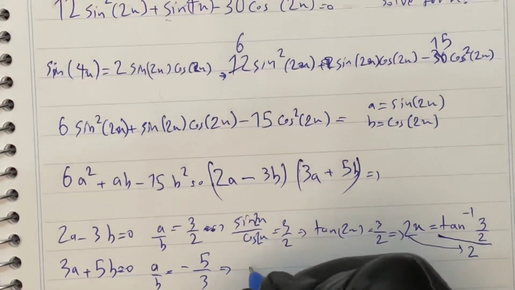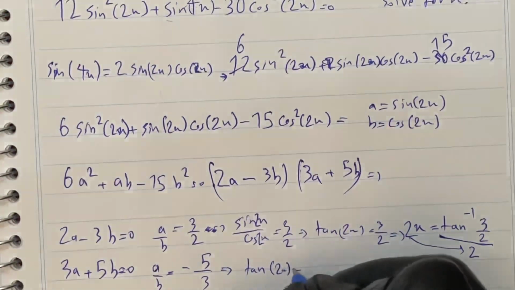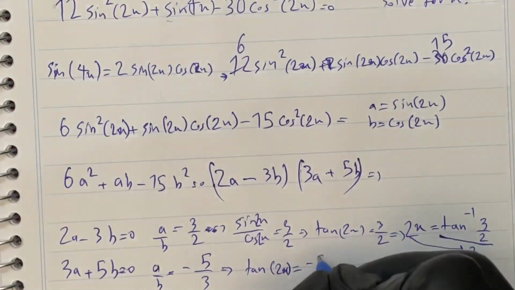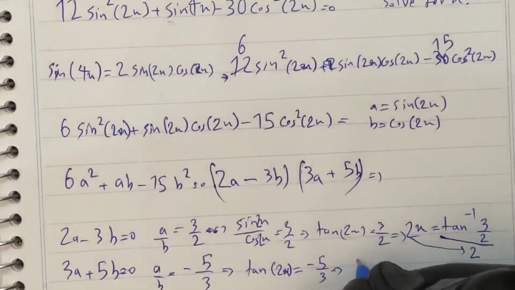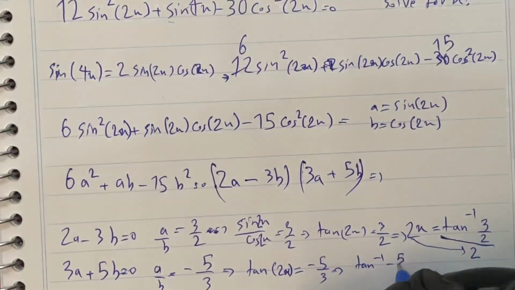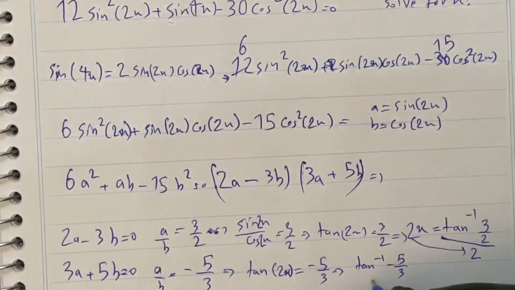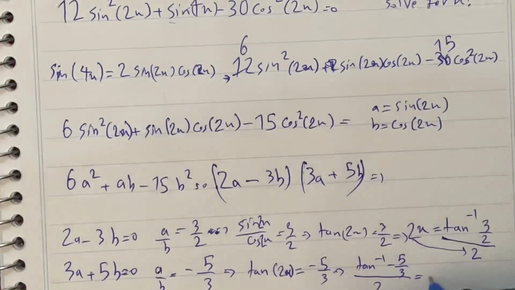What that means is the tangent of 2x equals negative 5 over 3, so x is tangent inverse of minus 5 over 3, divided by 2.